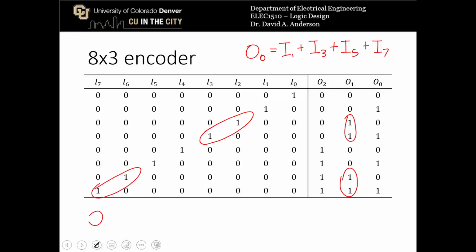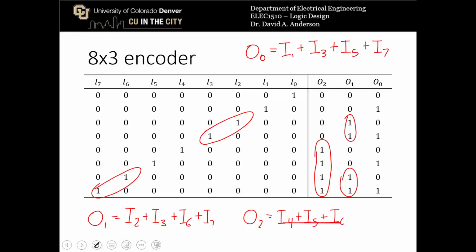So output 1 has the function input 2 or input 3 or input 6 or input 7. Then finally, output 2 is on for these 4 sets of inputs, which is input 4 or input 5 or input 6 or input 7.